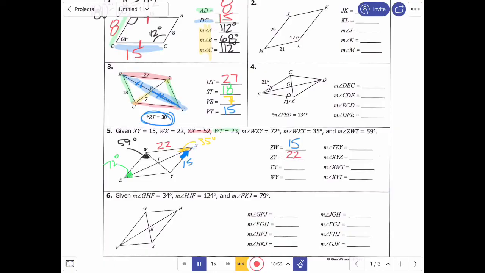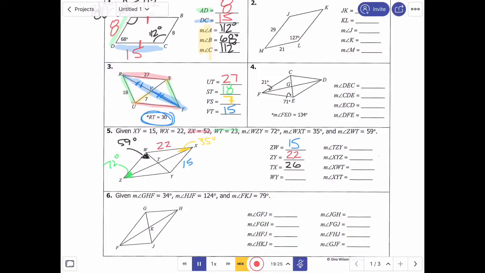So if I know that the diagonals are bisecting each other, that means it's splitting up ZT to be congruent to TX. So if the whole diagonal is 52, I'm going to take 52 and divide it by 2, and I would get 26.